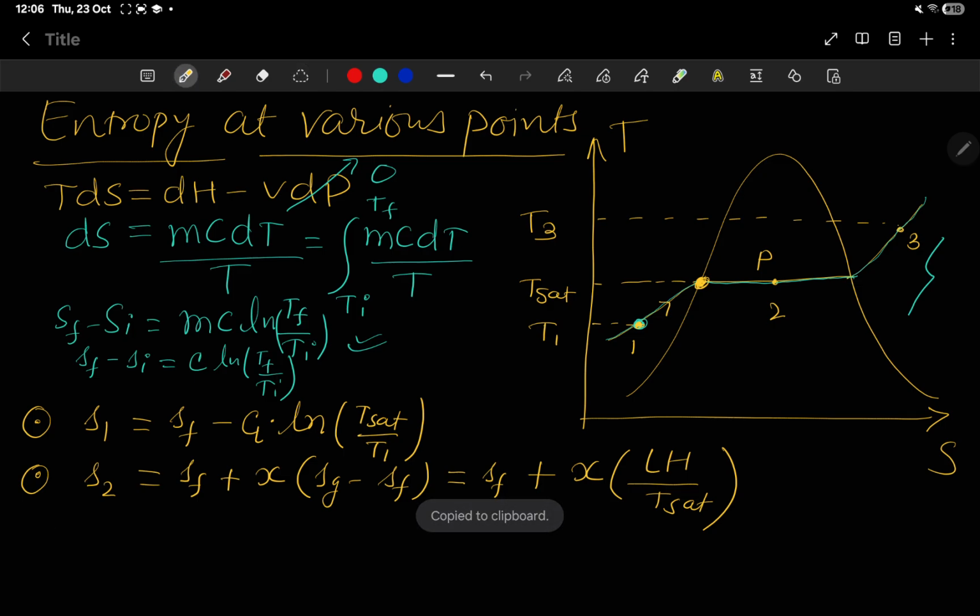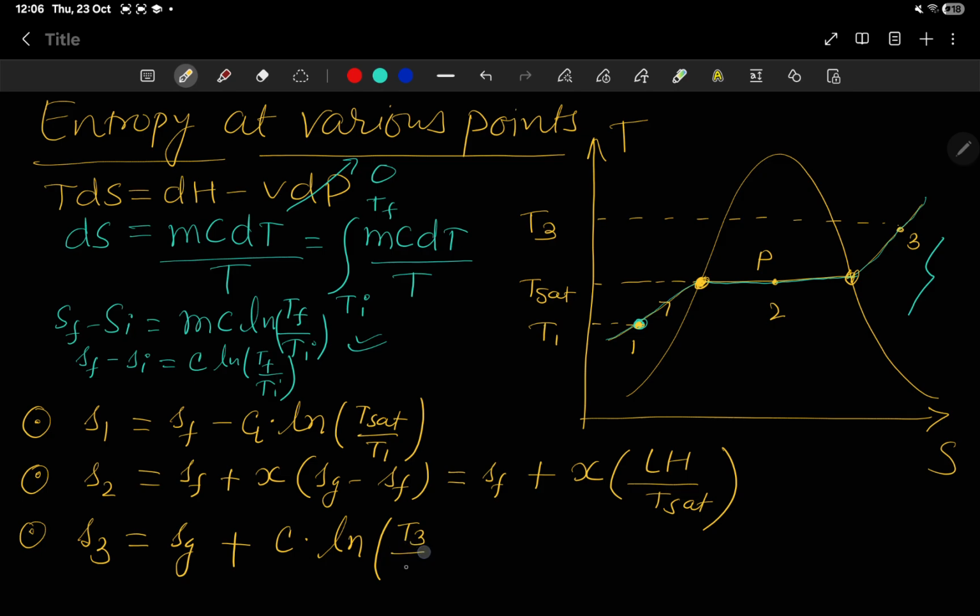Let's write entropy at point 3. This will be Sg plus C into ln T3 upon T2.